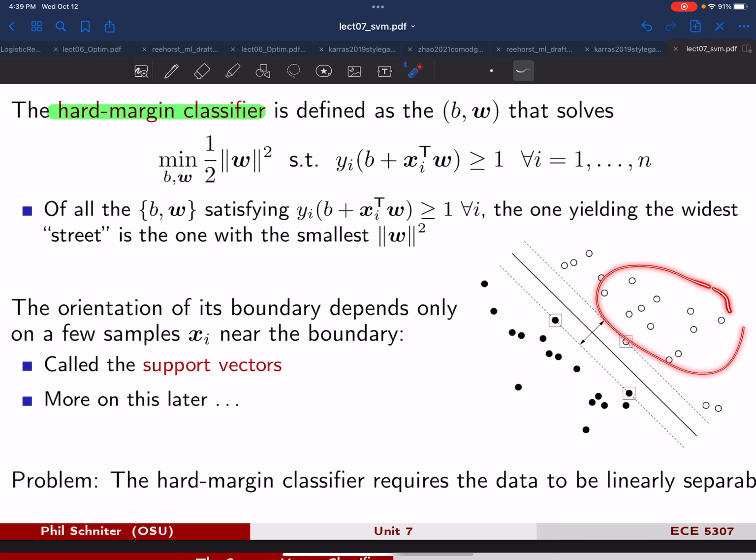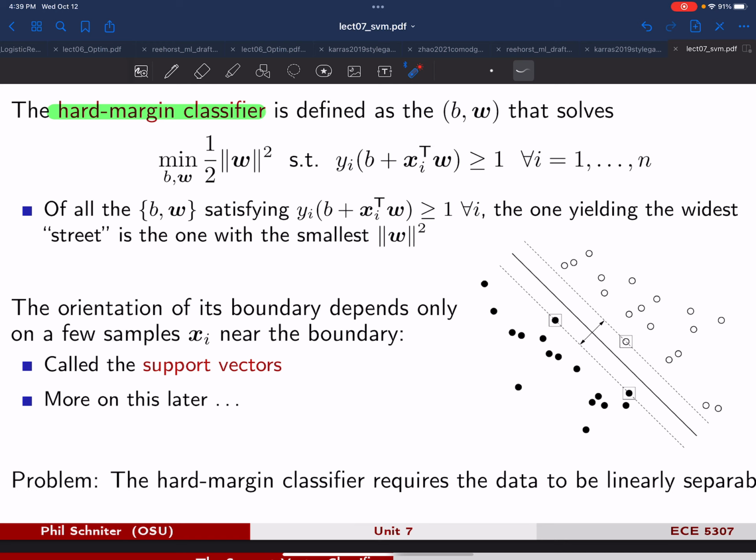All these other ones, if I move them around, the boundary doesn't change unless I move it so that it's in the street, right? But if I move them around such that these guys are still the 3 closest, the boundary is completely fixed. So this classifier is focusing exclusively on these samples most difficult to classify and ignoring all the rest of them.